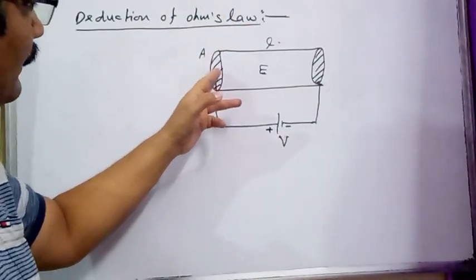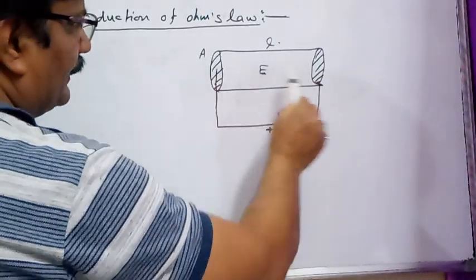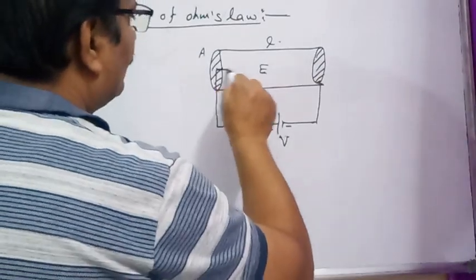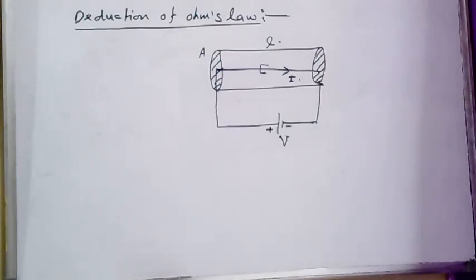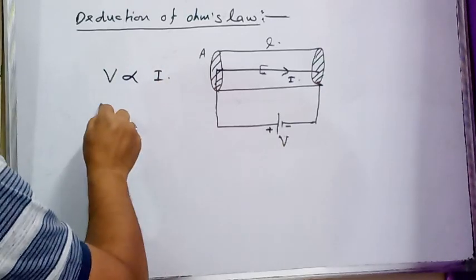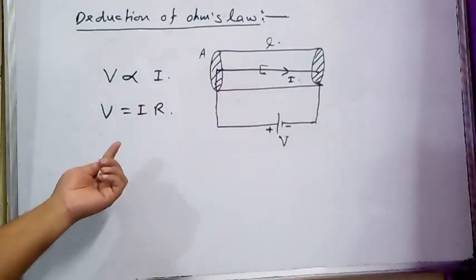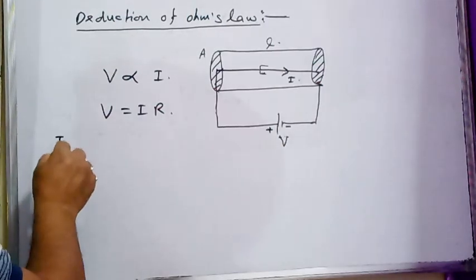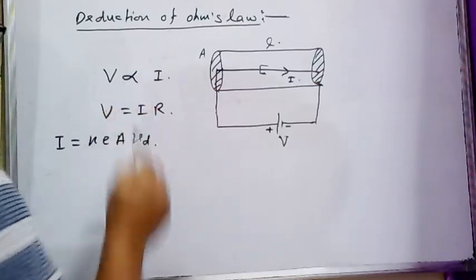If a conductor is connected with a cell, the applied potential difference between the ends of the conductor is V and the current flowing through the conductor is I. Ohm's law states that, the physical conditions of the conductor remaining unchanged, the current flowing through the conductor I is directly proportional to V, or we can write V is equal to I into R. In the previous video we derived a relation between electric current I and drift velocity, that is I equals nEA into vd.